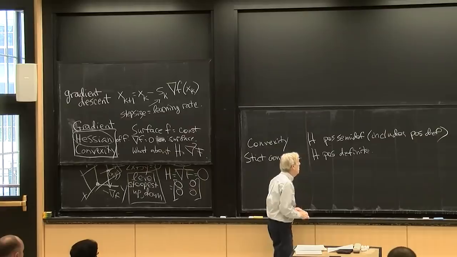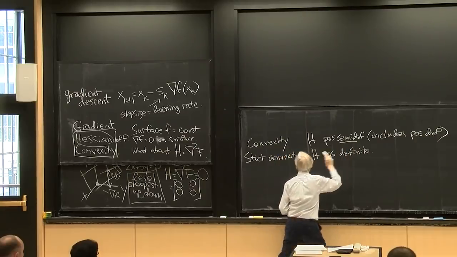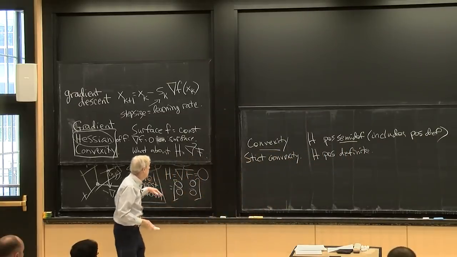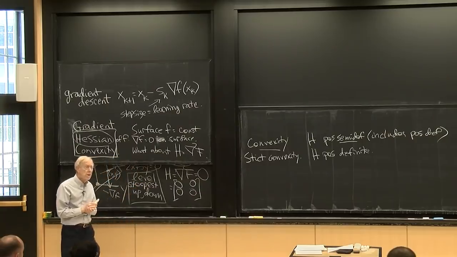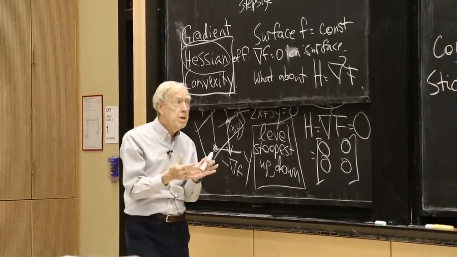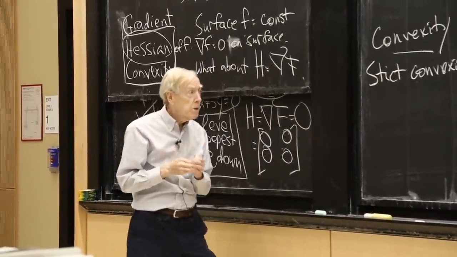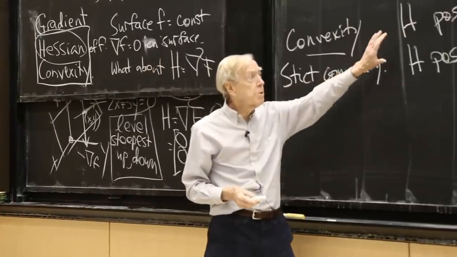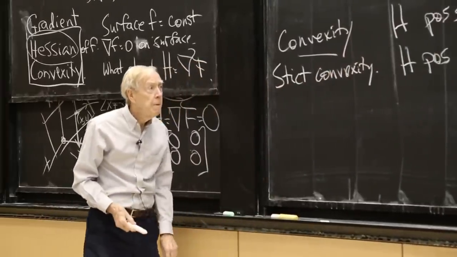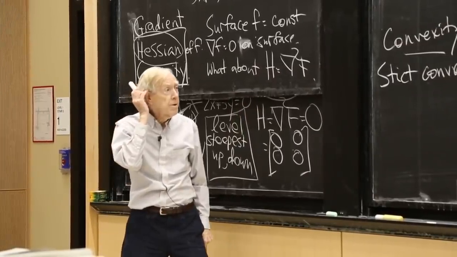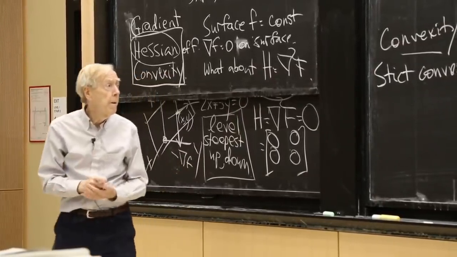Semi-definite won't do. So semi-definite for convex. So in fact, the linear function is convex, but not strictly convex. Strictly means it really bends upwards. The Hessian is positive definite. The curvatures are positive. So this would include linear functions, and that would not include linear functions. They're not strictly convex. Okay.